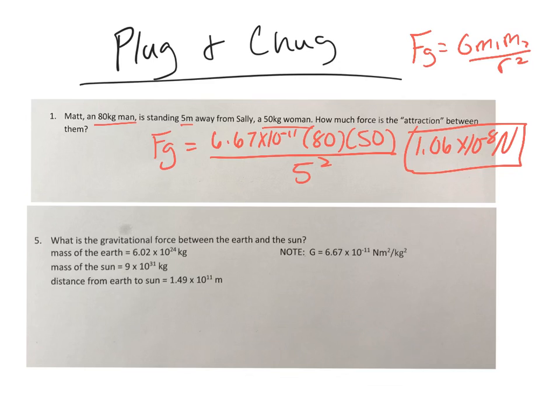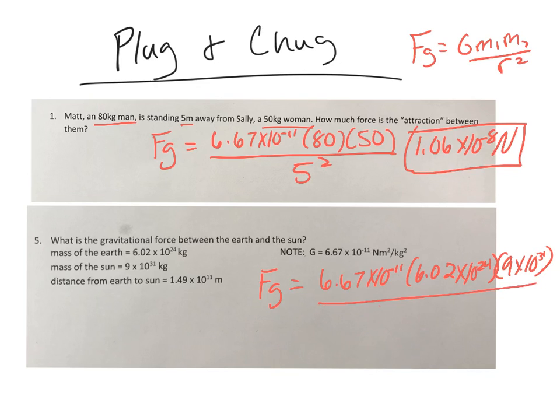Okay, so what is the gravitational force of attraction between the Earth and the Sun? Well, these numbers look a lot different, but you do it the same way. So you would do force of gravity equals 6.67 times 10 to the negative 11th times 6.02 times 10 to the 24th times 9 times 10 to the 31st divided by 1.49 times 10 to the 11th squared.